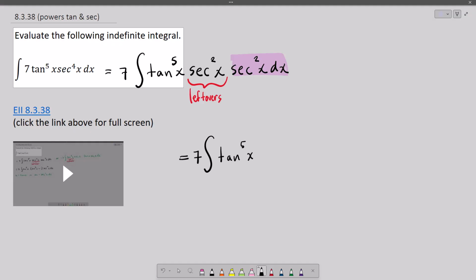So tangent to the fifth of x, secant squared is the hypotenuse. That's tan squared plus 1. And now we're ready for sub. Let u be tangent, everything turns into u's.